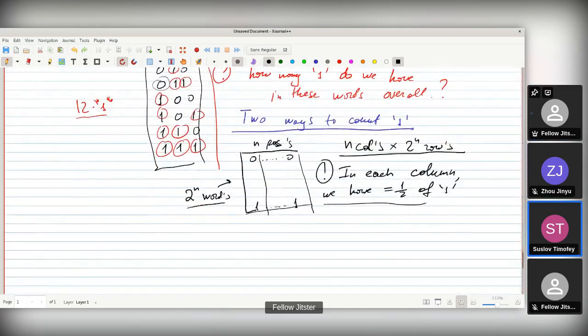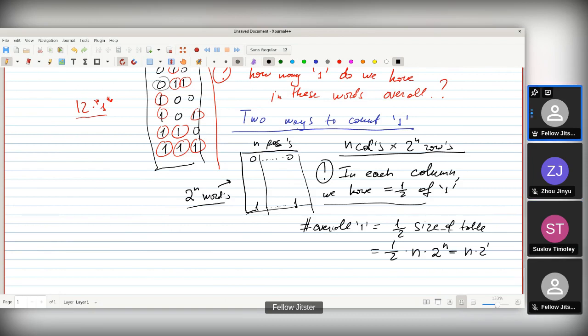Yeah. So what is the overall number of ones? It is 1/2 the size of our table. That is 1/2 multiplied by n, by 2 to the power n.